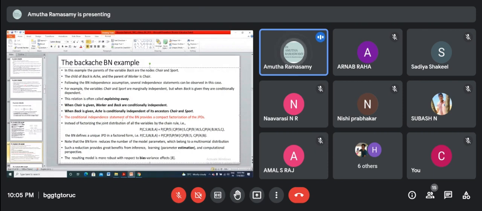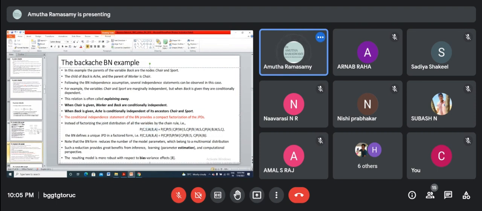So the conditional independence statements of the Bayesian network provide a compact factorization of the joint probability distribution. Now I am explaining the joint probability distribution. Suppose you have chair, sport, workers, back, and ache; all variables together give one probability.